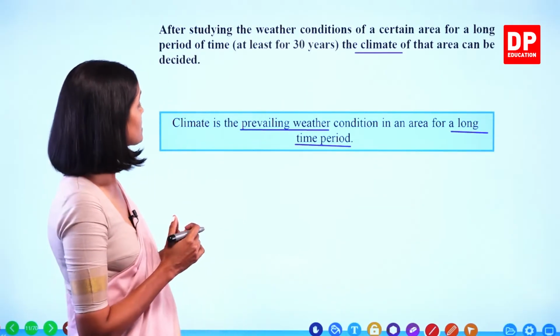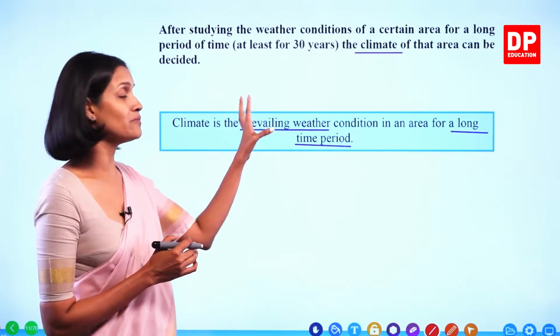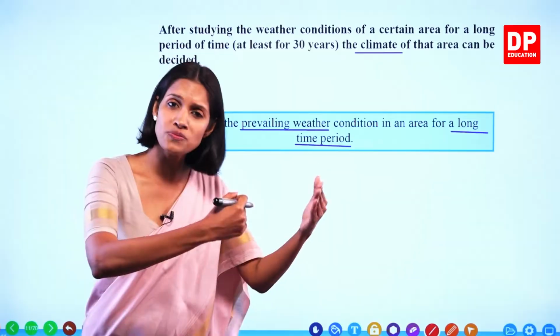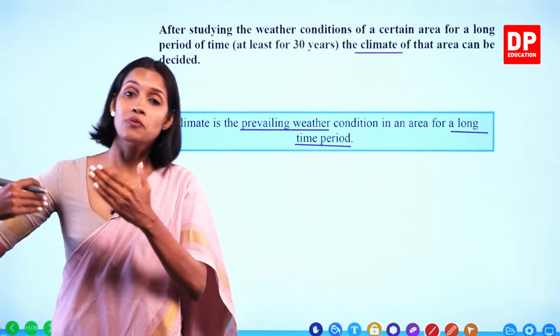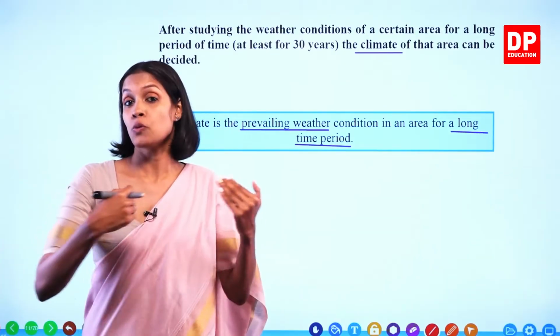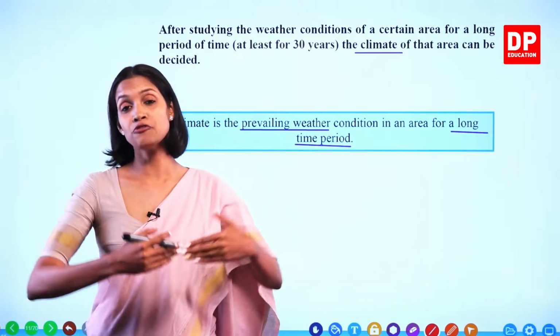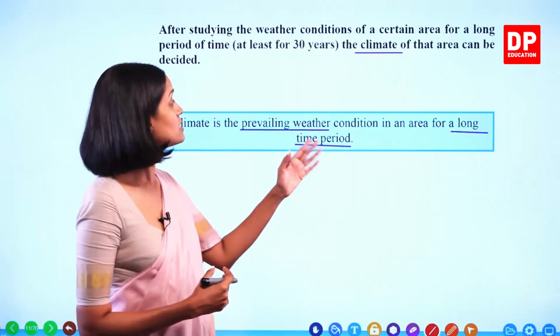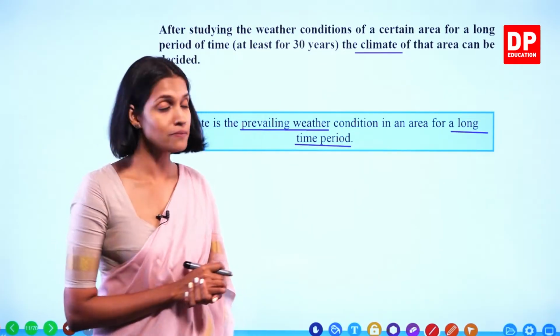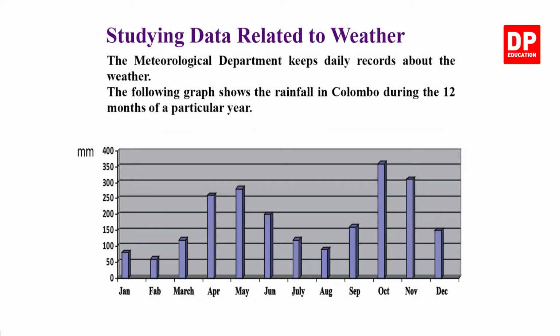But in order to decide the climate of a certain area, we have to observe the weather changes. So we have to collect information about the weather changes of that area for a very long period of time. At least about 30 years we have to observe. Okay, children?